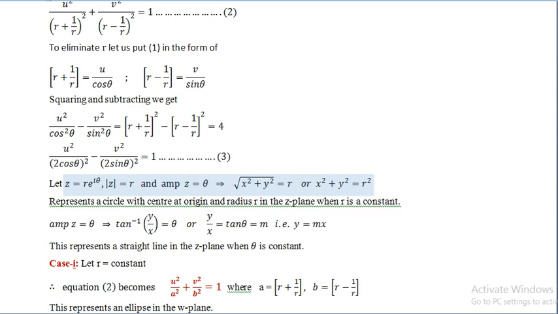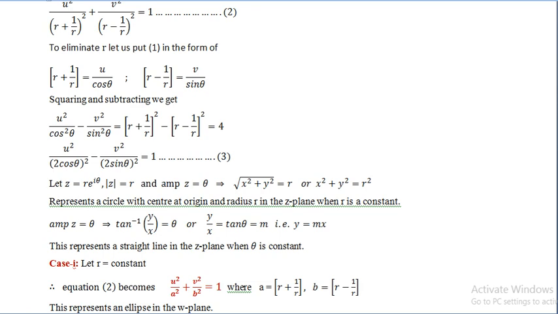So now amplitude of z is equal to theta, which implies that tan inverse of y by x equals theta. Shifting the tan inverse to the right hand side, y by x equals tan theta, and this tan theta is denoted as m, say.